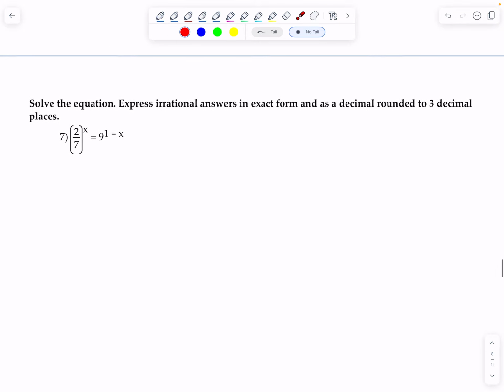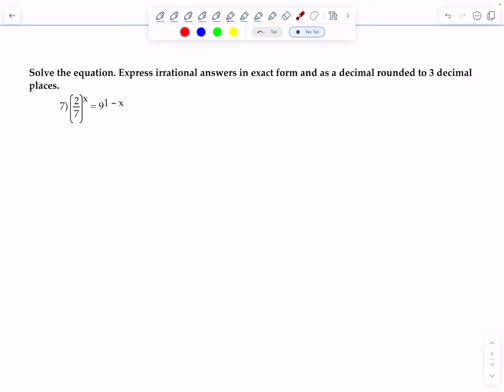Number 7, solve the equation. Express irrational answers in exact form and as a decimal rounded to 3 decimal places. So we have here (2/7)^x equals 9^(1 − x). In this case, there's absolutely no way I can express both sides of the equation in terms of the same base, right? 2/7 and 9, no way.